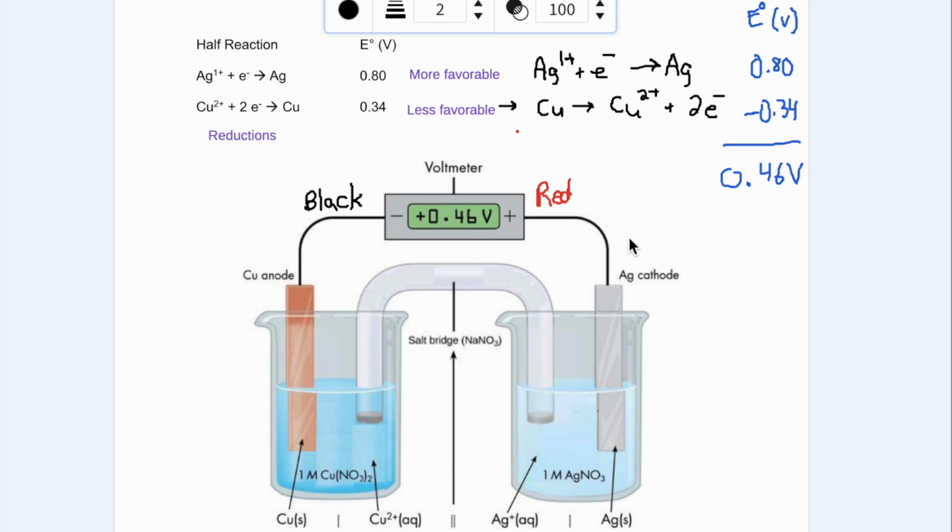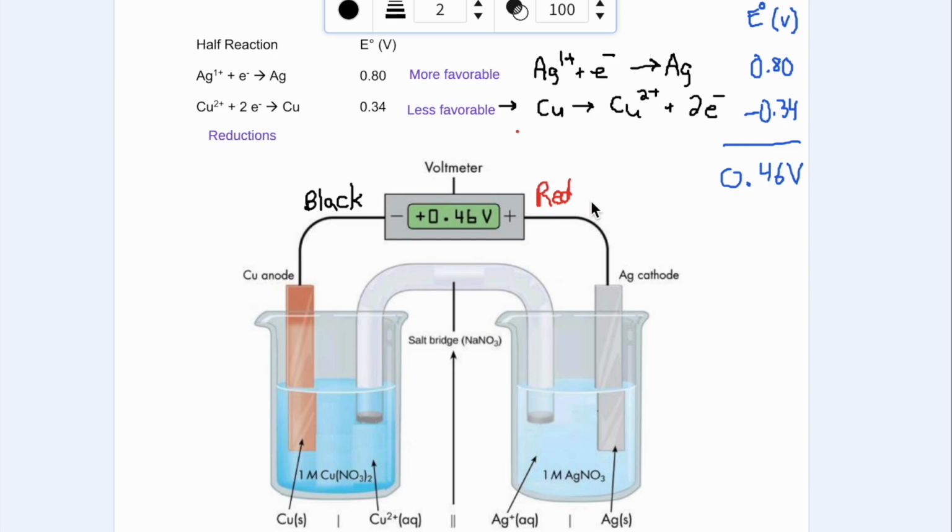We don't know which metals we're using, so in this particular drawing that I found, we have silver and we have copper, and so we know that silver is the cathode and copper is the anode, and so we get a positive readout. If you hooked your LabQuest up to the two different metals and you get a negative readout, then you know that this is reversed.